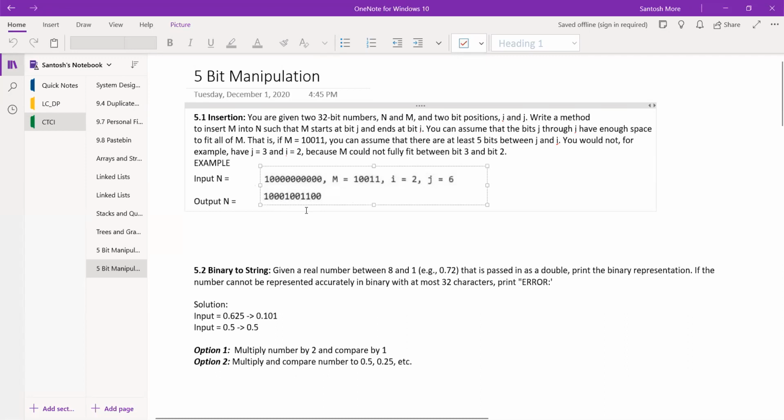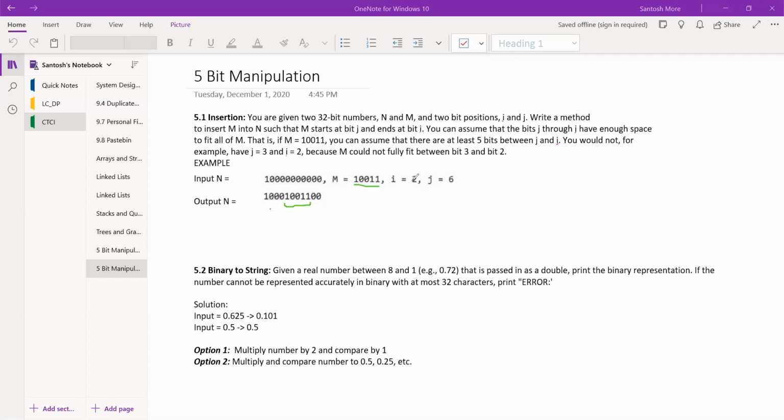So how do we do this? This portion is exactly m.